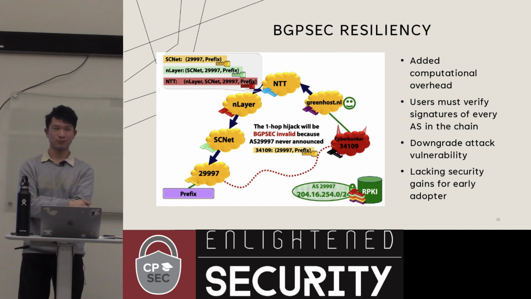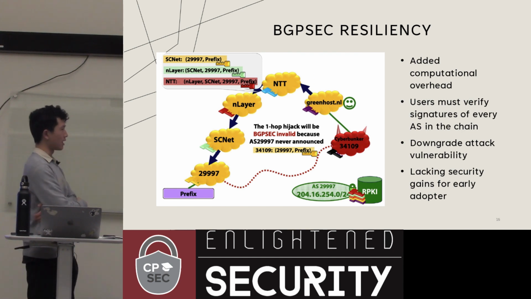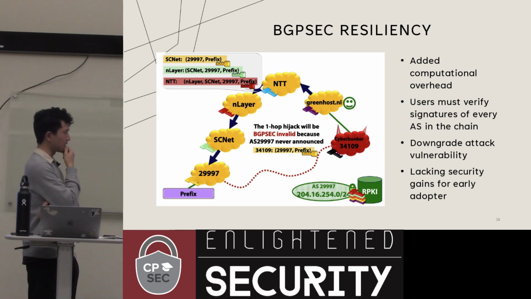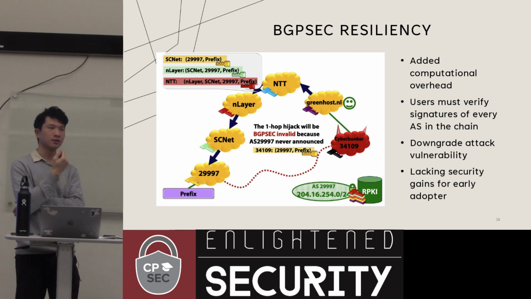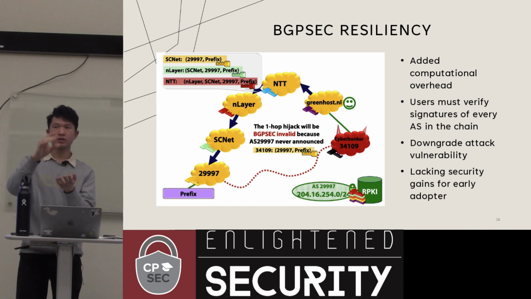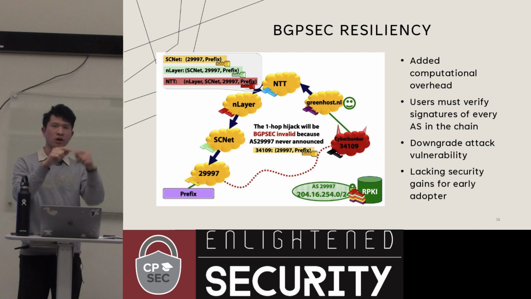Another step up from ROAs is BGPSEC. This is another extension that's been written up. Basically the gist of it is that a large weakness in ROAs that we were talking about earlier is that, yeah, you know that you own this one specific range, but we can't really validate what's going on in that path.